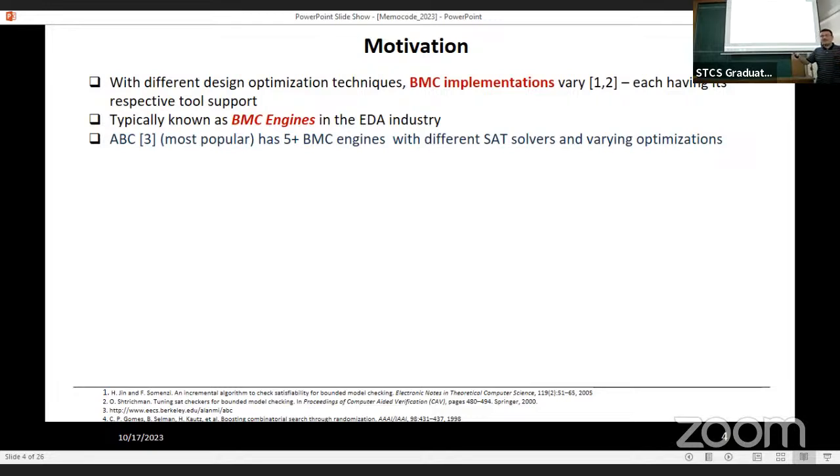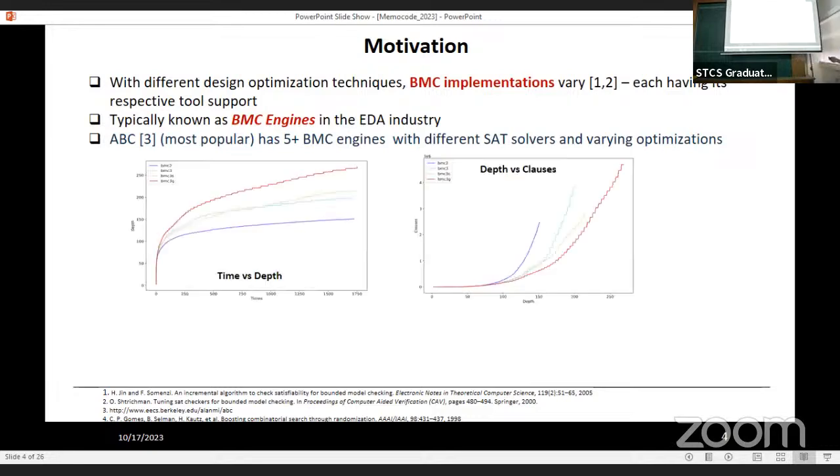The BMC engines built into these tools have different performances depending on the SAT solver they're tied to, because a key crux of a BMC engine is that SAT solver. The faster the SAT solver gives you SAT, the earlier you get a counterexample. The better the SAT solver handles the set of clauses, the better the performance. This was the observation.